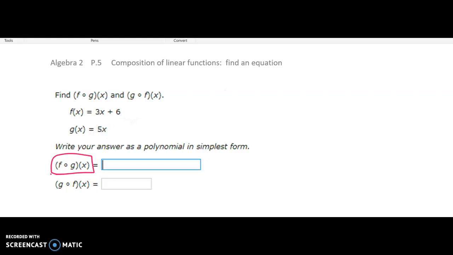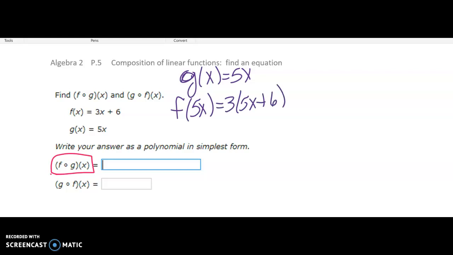So if G of X equals 5X, then F of 5X equals 5X plus 6. Distribute, and that's going to be your answer for this right here.